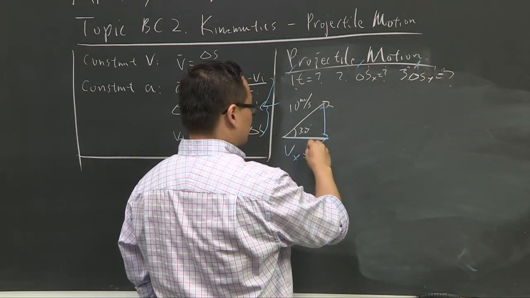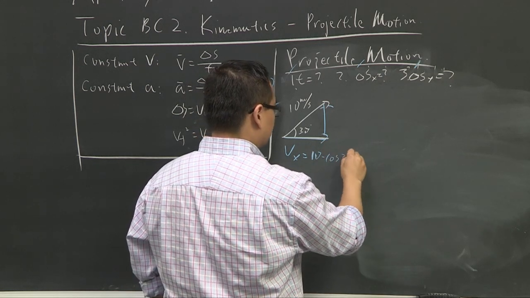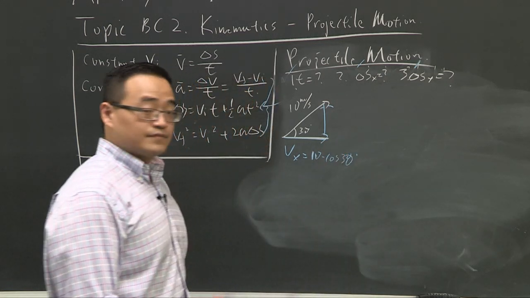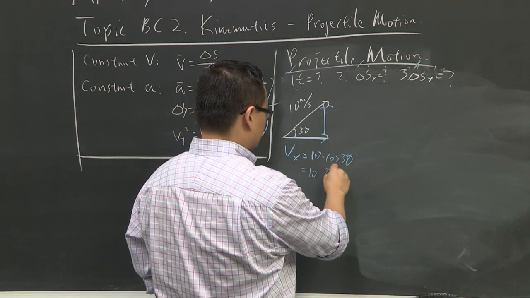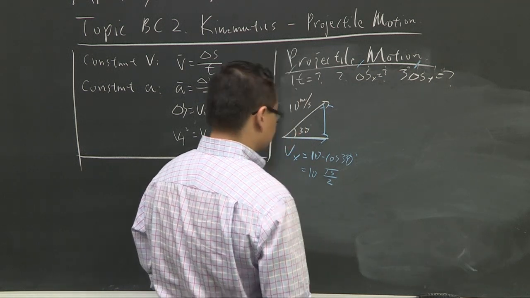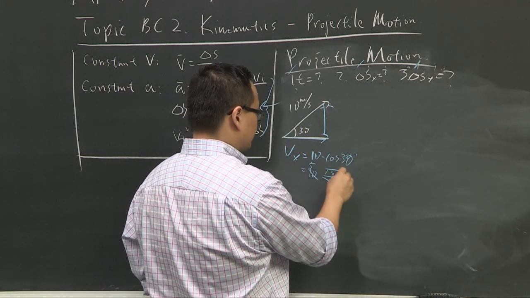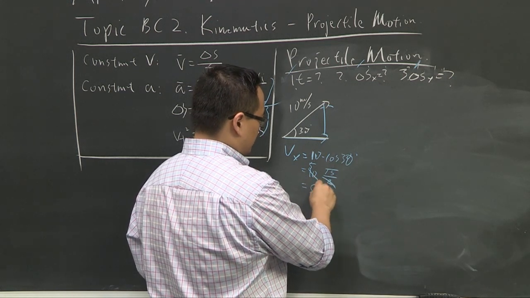Vx is going to be 10 times cosine of 30, right? What's cosine of 30? Square root of 3 over 2, I imagine, right? 5, and square root of 3 is like 1.7, so 8.5-ish.